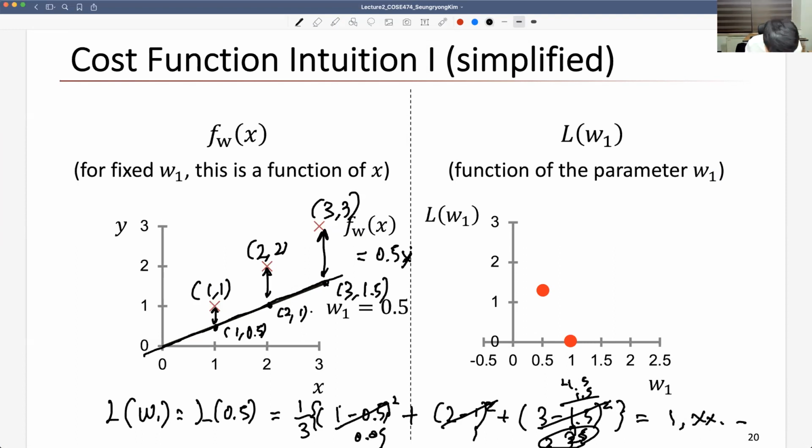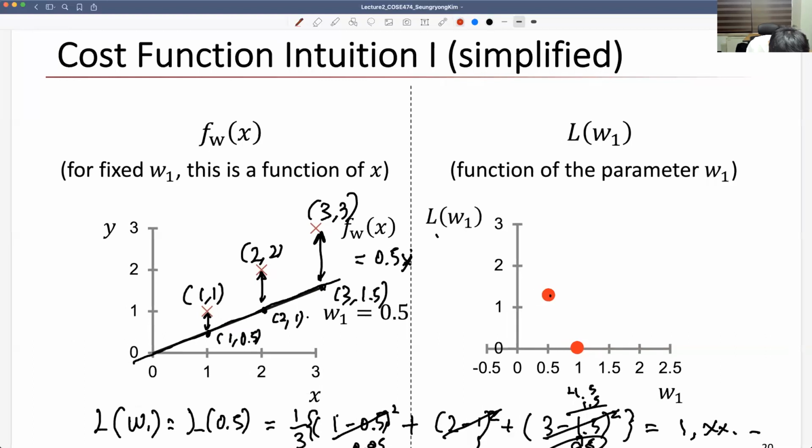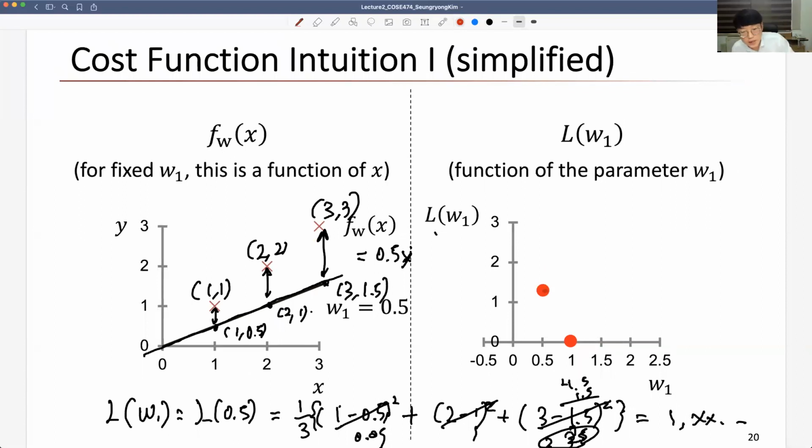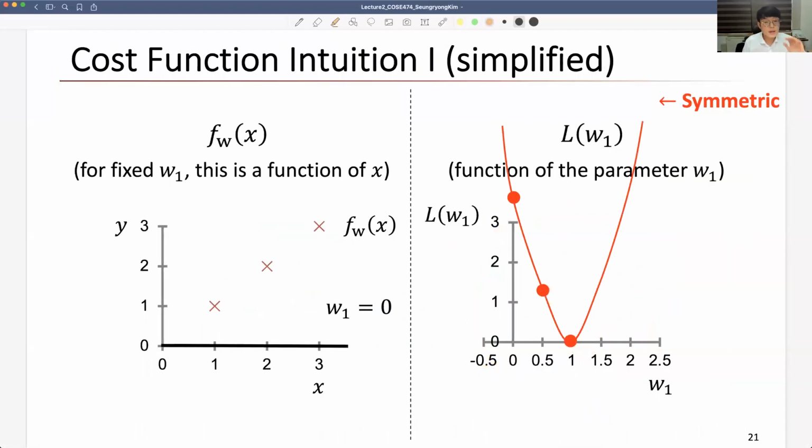So L of 0.5 should be here, and this represents the cost. If you remember, we have to find the W1 that has the minimum cost value. When we compare these two points, W1 equal to 1 is better than W1 equal to 0.5. Then what about W1 equal to 0?